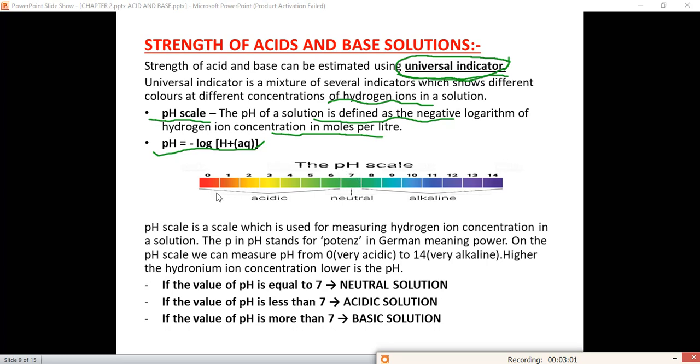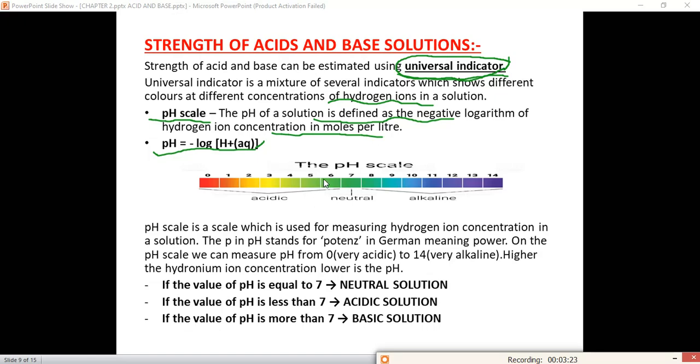The numbers on the pH scale are from 0 to 14. 0 means the solution is highly acidic, and 14 indicates the solution is highly alkaline, and 7, the midpoint of the pH scale, gives us the neutral value. So substances which have a pH equal to 7 are neutral in nature.